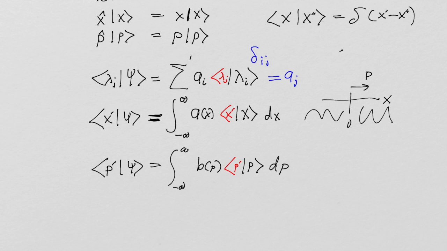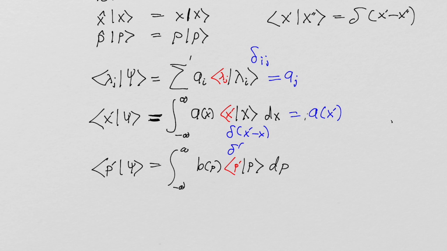Likewise over here, when I do this process, I'm using this in blue now. This is the delta function x prime minus x, and when you integrate over the delta function, that's simply replacing x with x prime. So this ends up being a of x prime, right? And likewise, this is going to be the delta function of p prime minus p, which, after you integrate over the delta function, you're just selecting out the value at p prime.